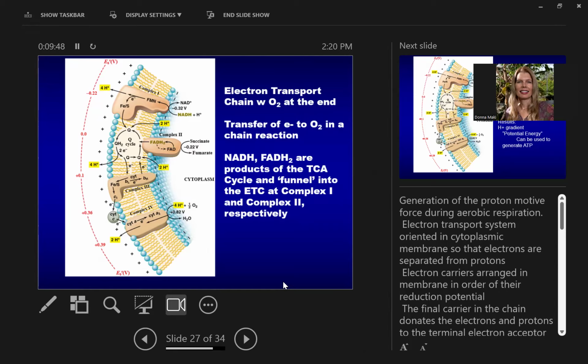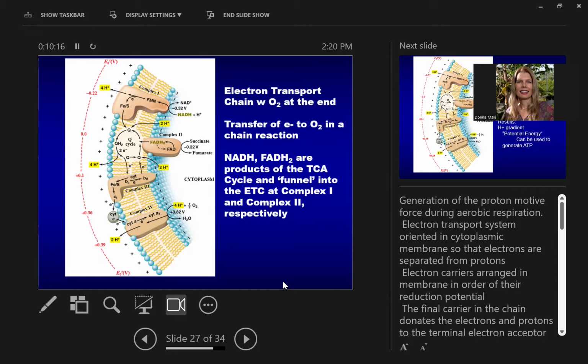So how would you describe what's happening in the big picture here? What's going on with those electrons? Yeah, shuttle from complex to complex, donor to acceptor, on down the line.